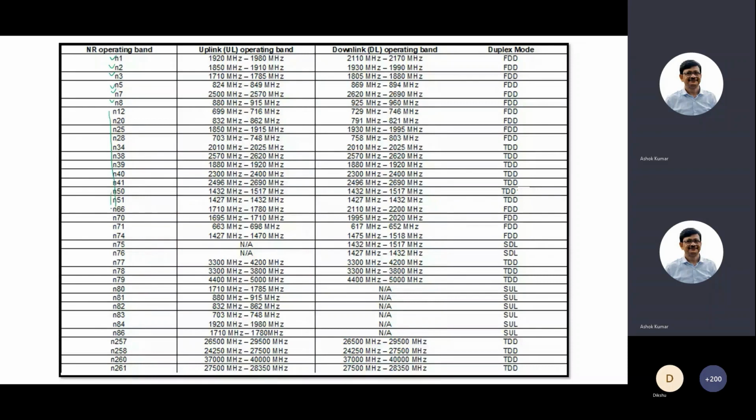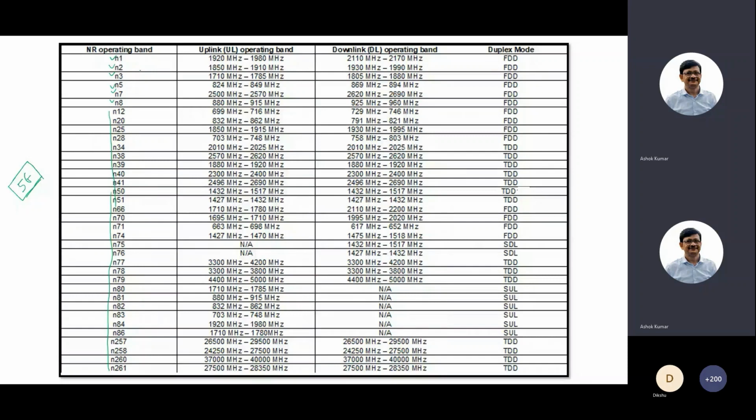So these are various options which 5G would be supporting. Just look at this frequency, and most of the frequencies on the upper side are already being used by 2G, 3G, and 4G, and they can be used for 5G once you are able to spare or refarm those frequencies.